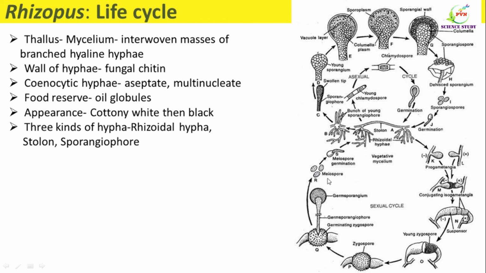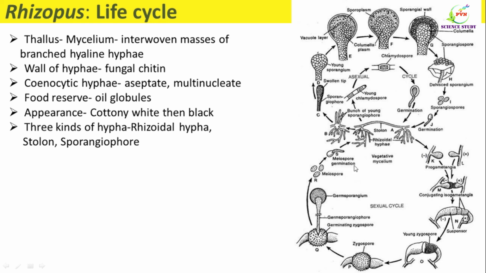When zygosporangium splits to produce germ spores, some of them are of plus strain while the remaining are of minus strain. Later on, they form germ tubes, and after germination, they give rise to hyphae of plus strain as well as minus strain.